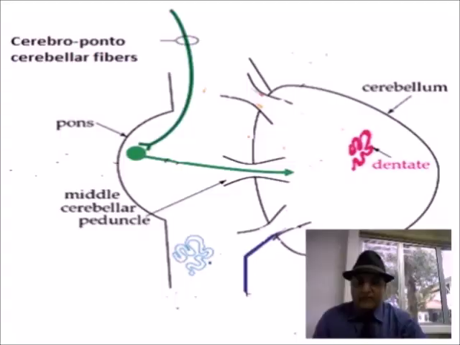So that was about the inferior cerebellar peduncle and superior cerebellar peduncle. Now if I come to the middle cerebellar peduncle, you can see here this is the middle cerebellar peduncle.